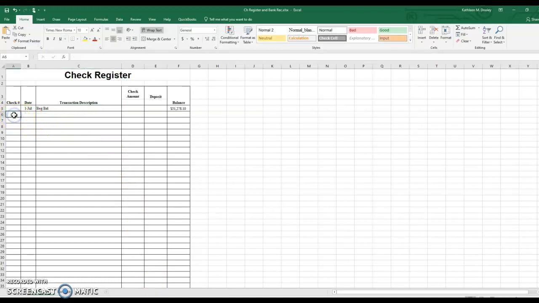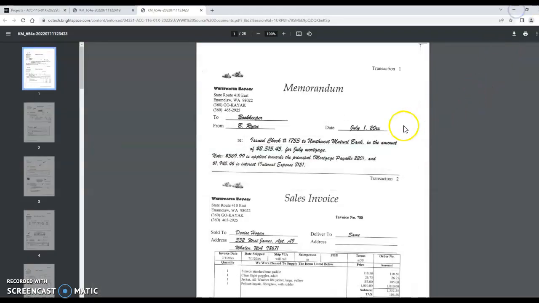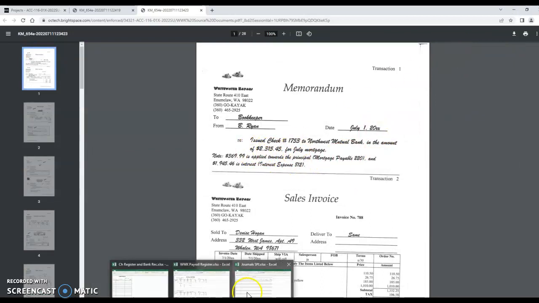And here we have check number 1753. It's on July the 1st. It was to Northwest Mutual Bank. And the check amount was $23,15.45. And it's a check, so I'm going to have to subtract that. Just make sure, 23,15.45. Yes, that was correct.